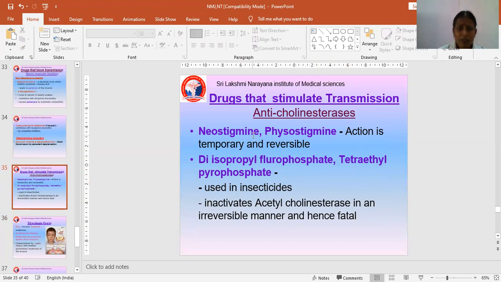The action of neostigmine and physostigmine is temporary and reversible, but the action of diisopropyl fluorophosphate and tetraethyl pyrophosphate is permanent.